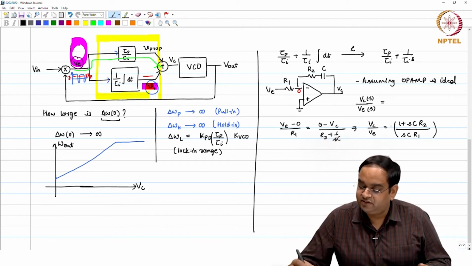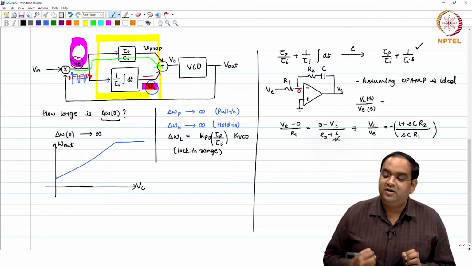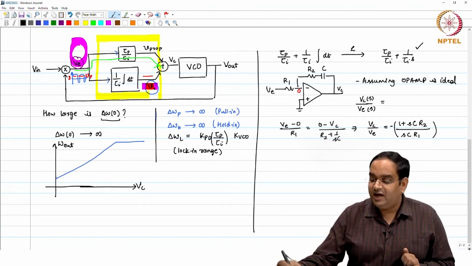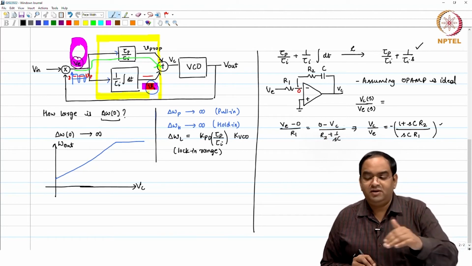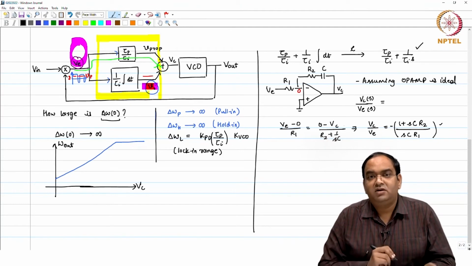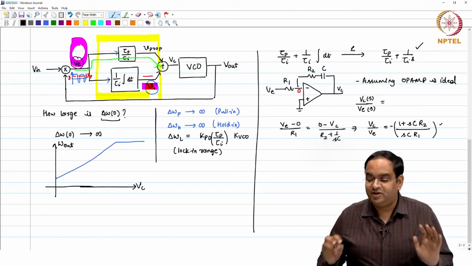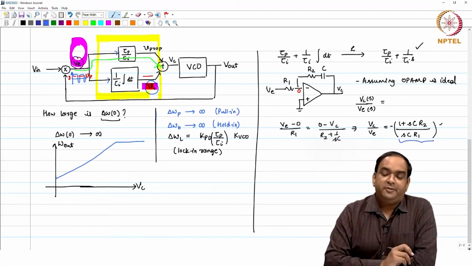Now you can say previously this loop filter did not have any negative sign, now I have a negative sign. If you have a negative sign, do not worry about it. The way you are going to connect to the VCO in that particular path, you can adjust this negative sign. So, what is important right now is only this part.